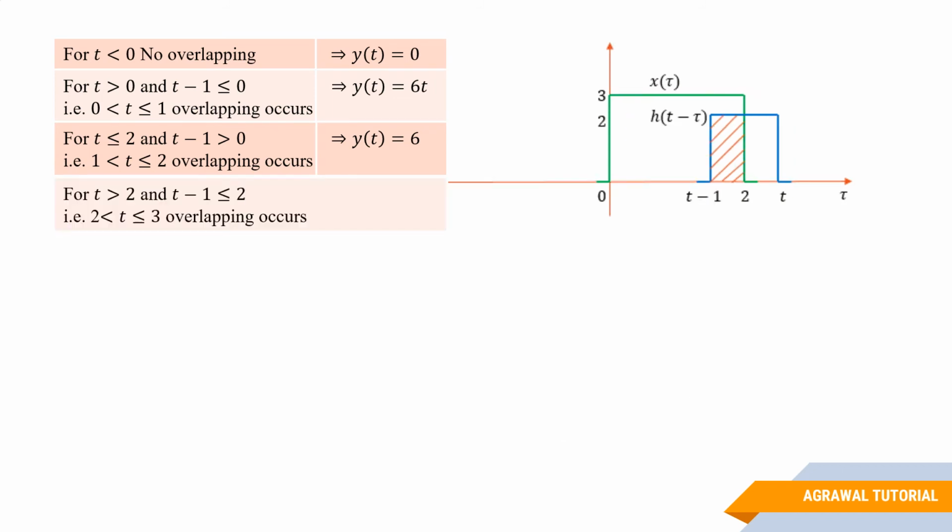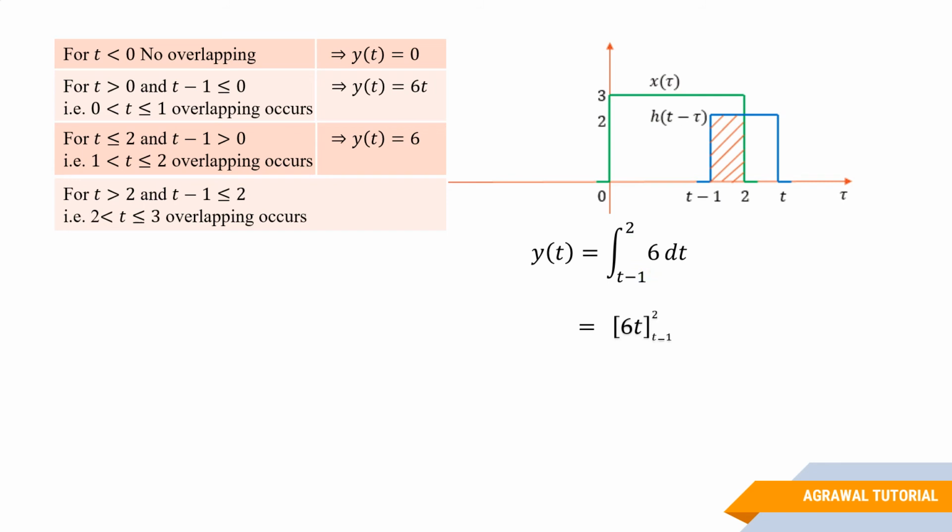Repeating the same process for this region also, that is t greater than 2 and less than or equal to 3. Here, the limits of integration are from t minus 1 to 2, as overlapping occurs in this region only. So, the overlapping area y of t is equal to integral t minus 1 to 2 6 dt.